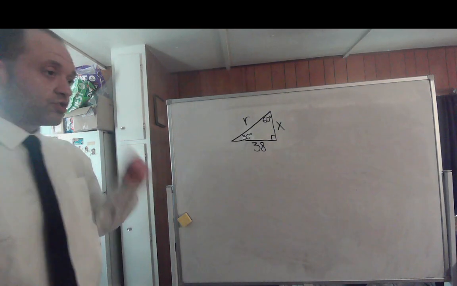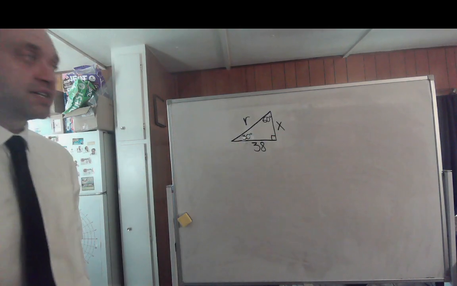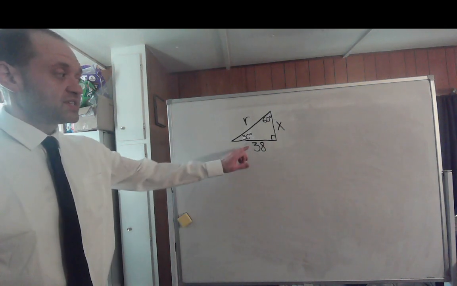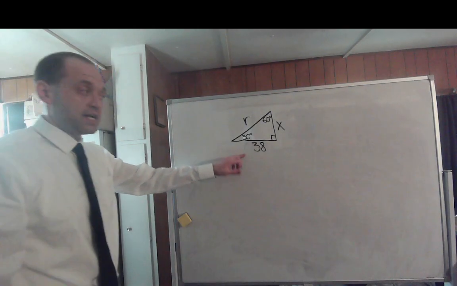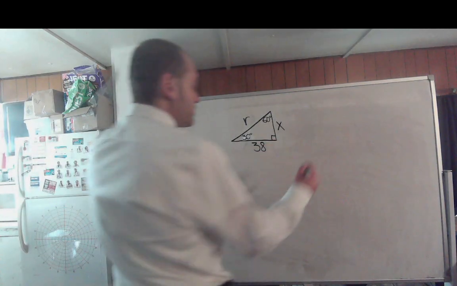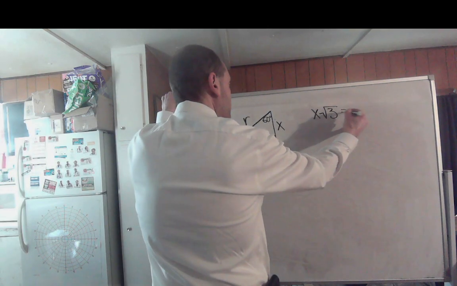Well, in order to be able to solve for the hypotenuse, we need to find the length of the shorter leg opposite the 30-degree angle, right? So what is true between the shorter leg and the longer leg in a 30, 60, 90 right triangle? That means that the leg opposite the 60 is the square root of 3 times as large as the leg opposite the 30. So that means that x times the square root of 3 equals 38.